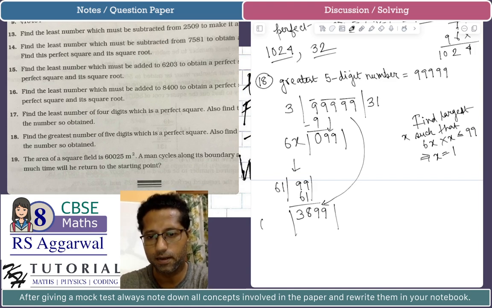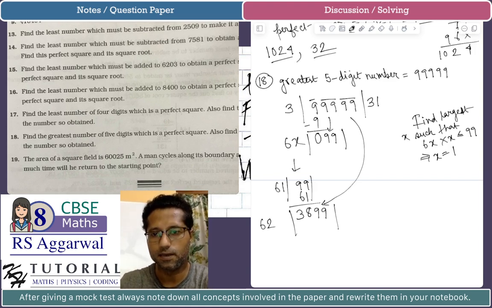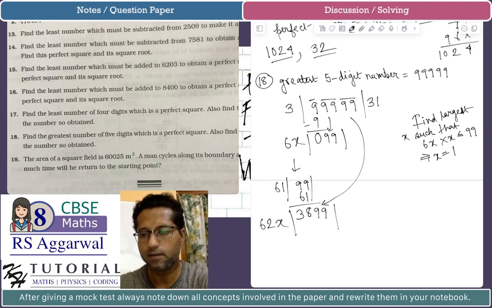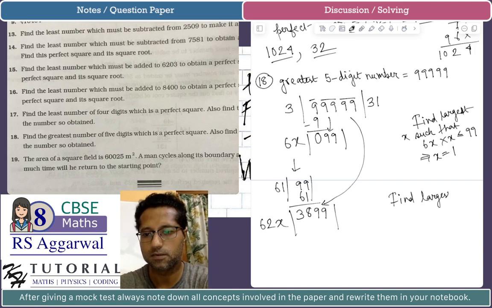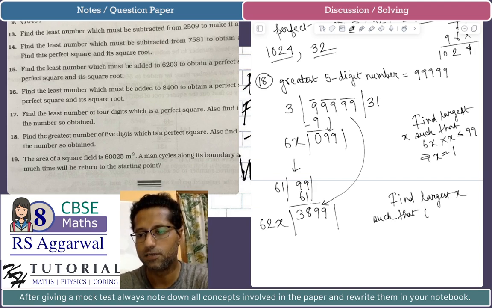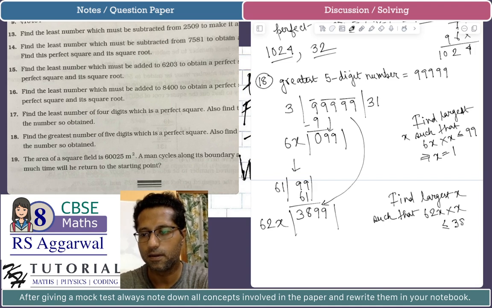Again, now we have to find the largest x such that the 3 digit number 62x multiplied by that digit has to be less than or equal to 3899.